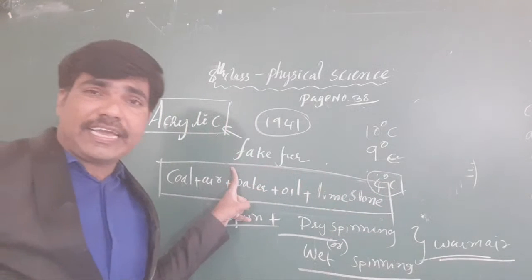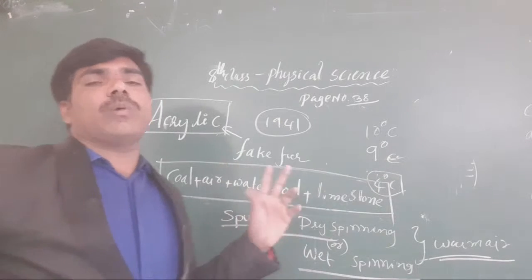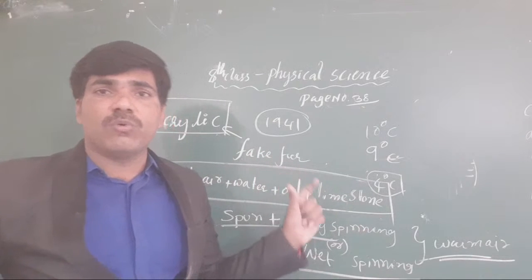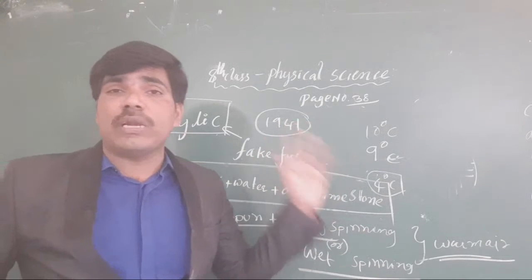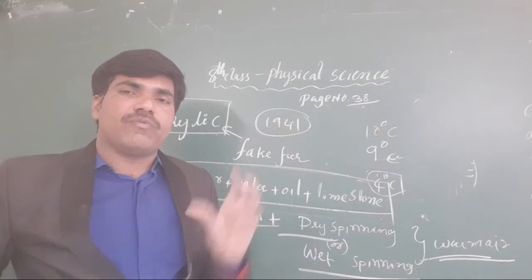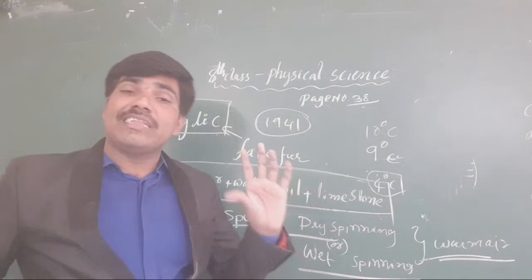Okay, why did we take acrylic? You know very well. There is not enough wool to give to the whole population. For this purpose, scientists were thinking about synthetic wool.